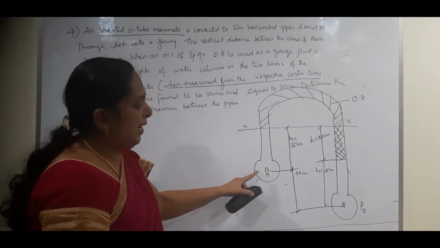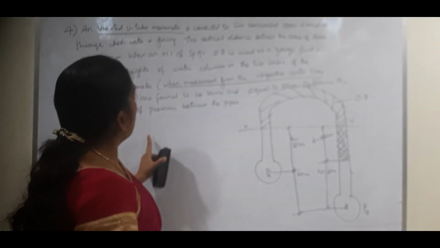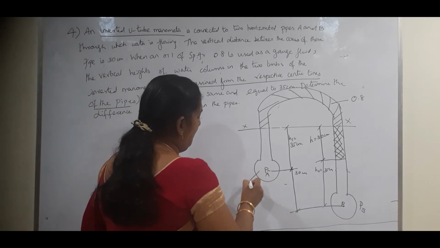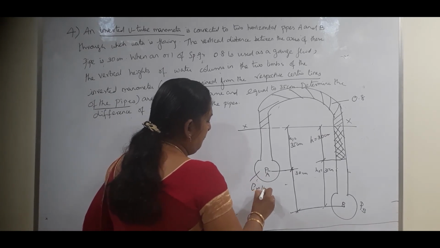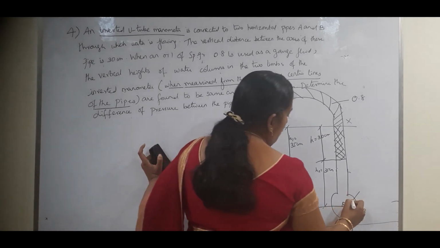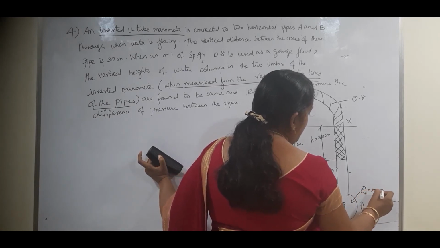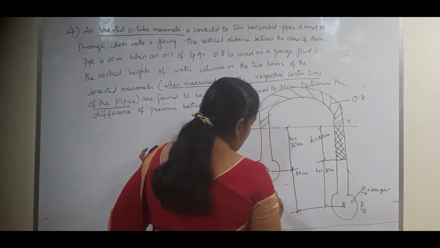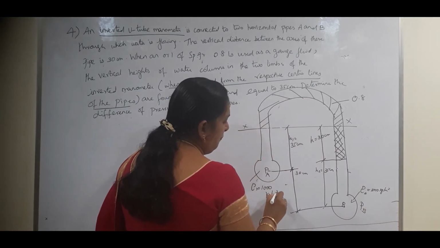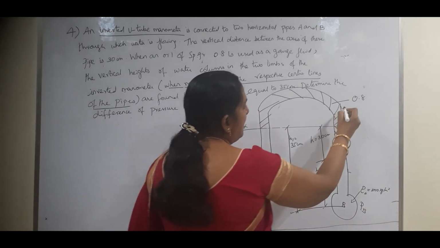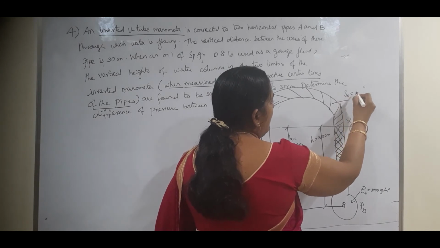Okay, so PA and PB are both filled only with water. So here rho 1 is equal to 1000 and here rho 2 is equal to 1000. Please mention the unit then and there, so it is kg per meter cube. Okay, and here the specific gravity of the oil is given as 0.8.